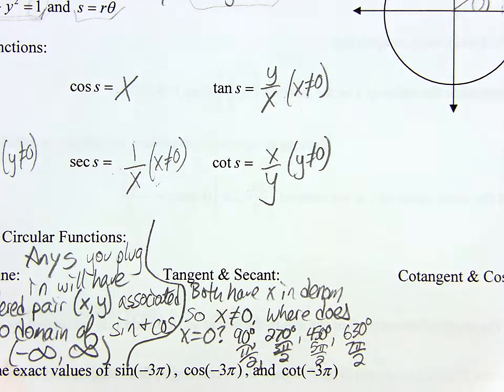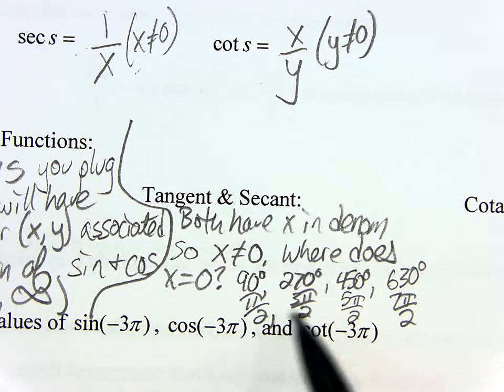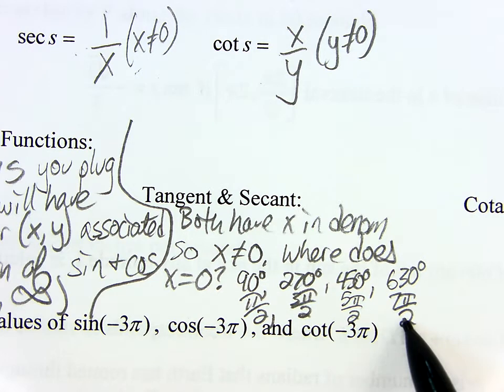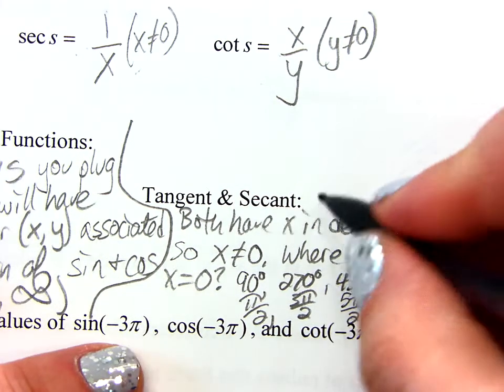Are you noticing a pattern with these radians? Pi over 2, 3 pi over 2, 5 pi over 2, 7 pi over 2. Could you guess the next one? 9 pi over 2. So basically, the domain for tangent and secant looks like this.